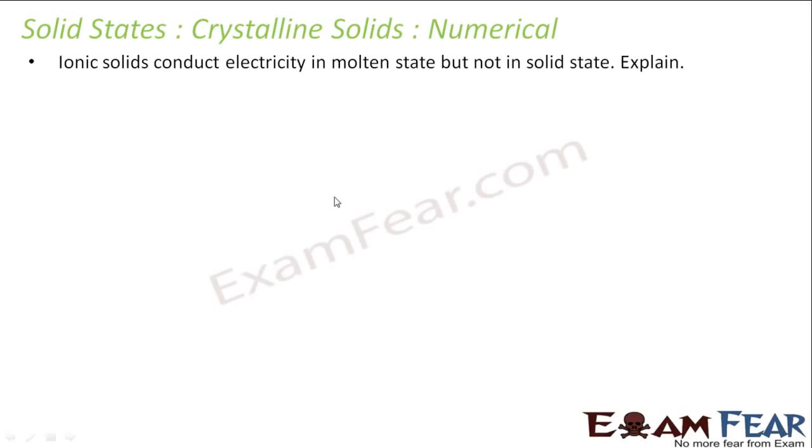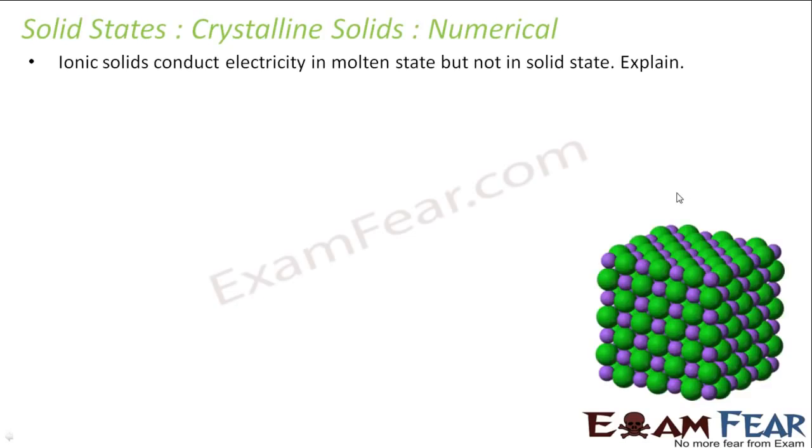The next question is, ionic solids conduct electricity in molten state but not in solid state. Why? We have seen this actually. This is my solid state of ionic solid. You see, this is my Na+ ions, and the green one is Cl- ions. These ions are very much tied together, right?